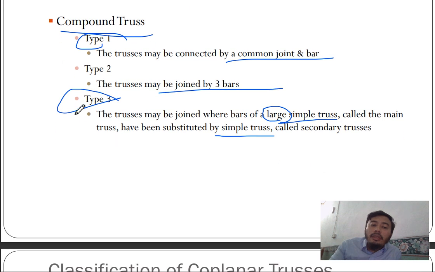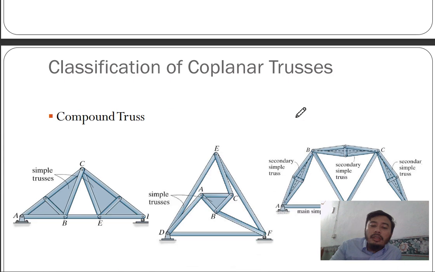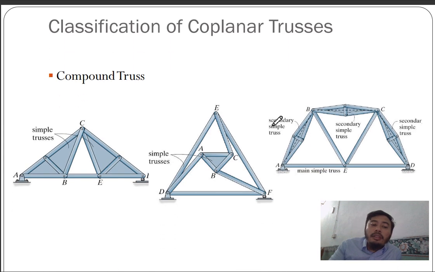So type 3 compound truss is more complex, where you have a combination of simple trusses, which replace the large simple truss. You have secondary simple trusses.